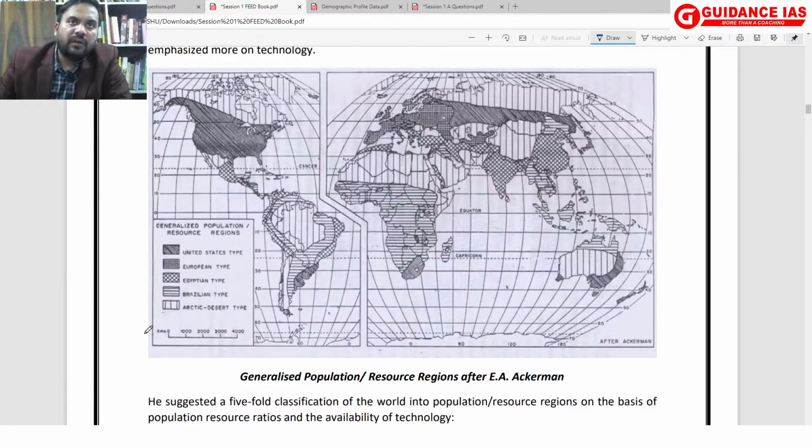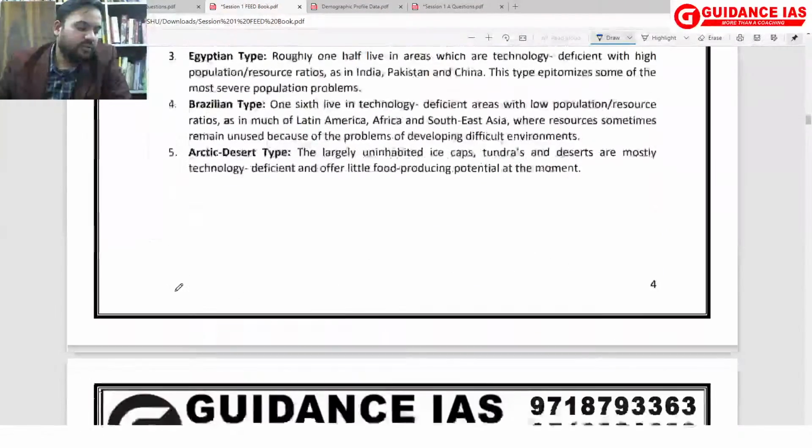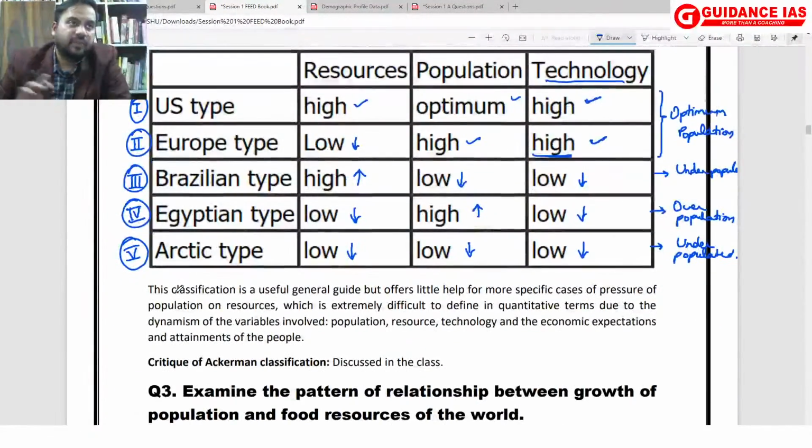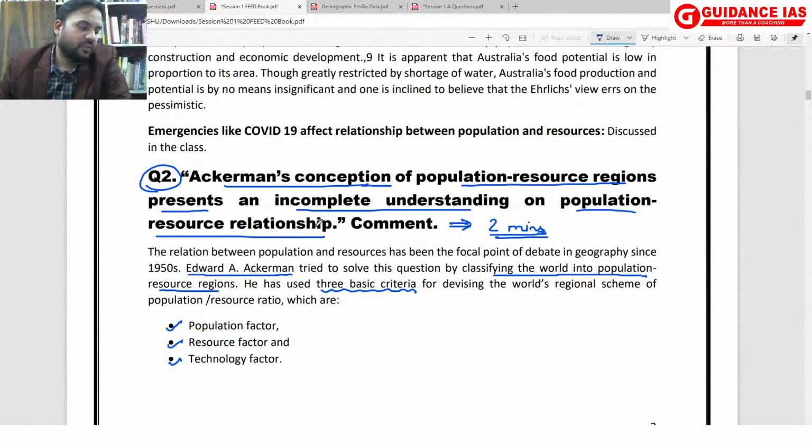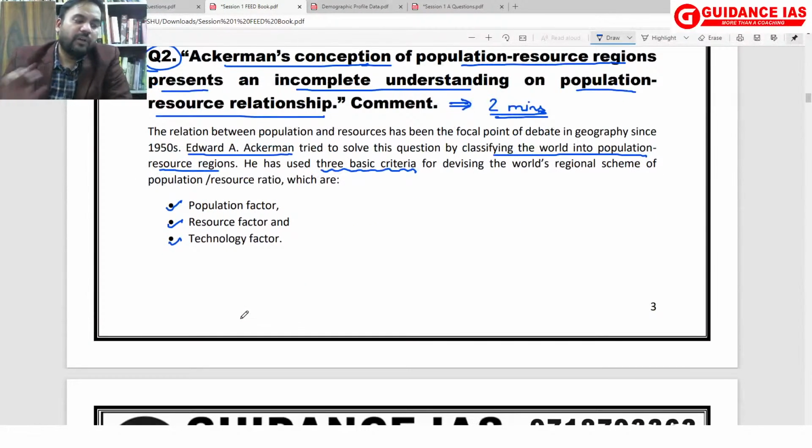Now once you have explained this, then you come to the analysis, and the question is saying it is incomplete. Ackerman's conception of population resource region presents an incomplete understanding of population resource relationship. Comment. So you have to comment.